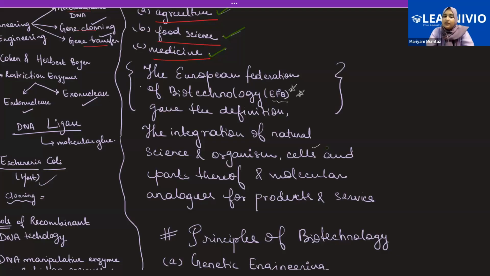So what do they say? The integration of natural science and organisms, cells and parts thereof, and molecular analogs for products and services.